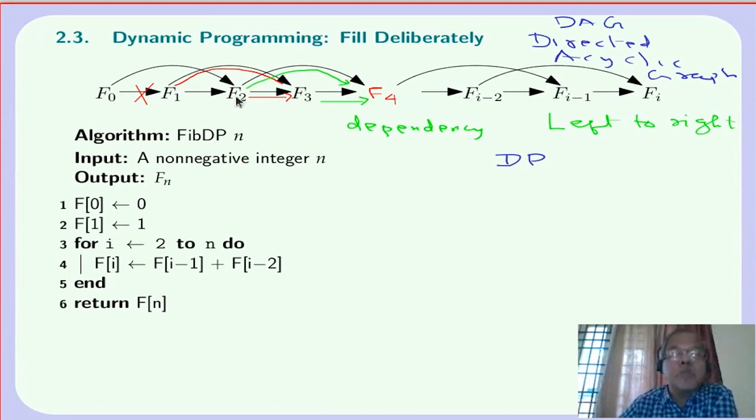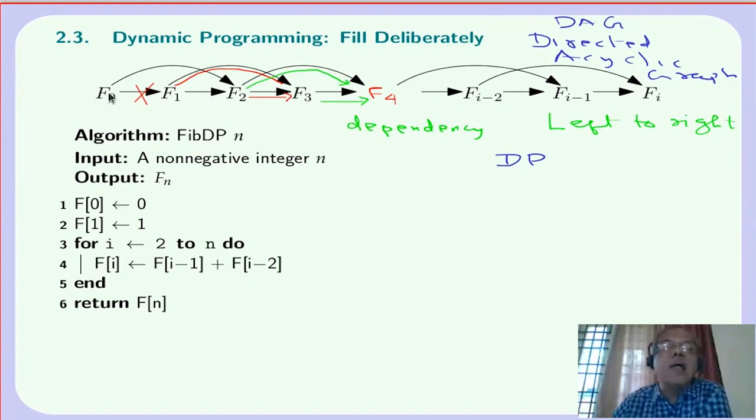Compute the solution of f2: we already have the subproblems on which f2 depends, that is f0 and f1. From f0 and f1, we can calculate f2. Then we come to f3. We have already solved f1 and f2, therefore we can solve f3. Then come to f4. We have already solved f2 and f3, therefore we can come to f4.